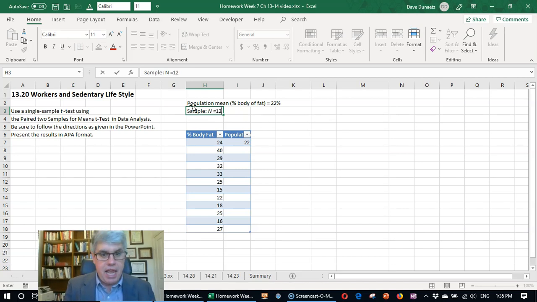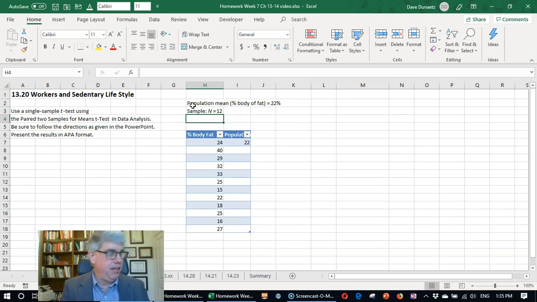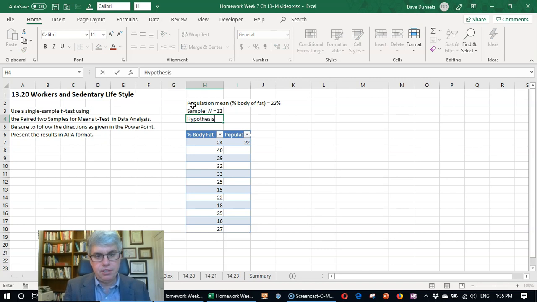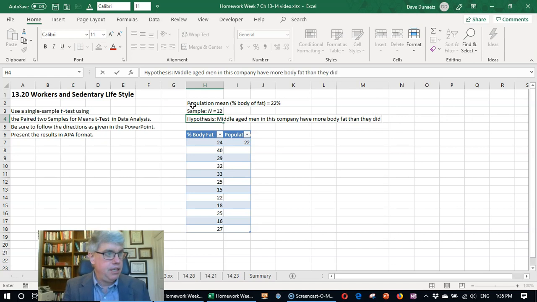And our hypothesis is, now I think the prompt says this is middle-aged men, so we'll say hypothesis: middle-aged men in this company have more body fat than they did in 1995, and we can put the mean was 22% back then, so μ, the abbreviation for mean, equals 22%.